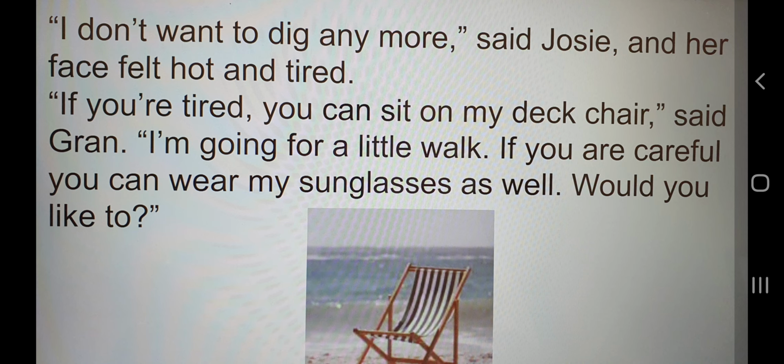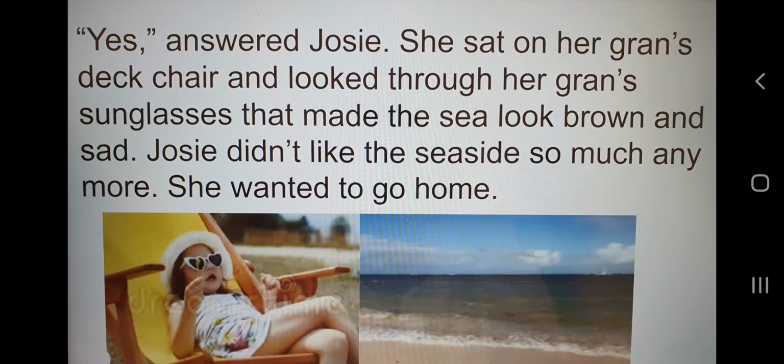Would you like to?" "Yes," answered Josie. She sat on her Gran's deck chair and looked through her Gran's sunglasses that made the sea look brown and sad. Josie didn't like the seaside so much anymore. She wanted to go home.